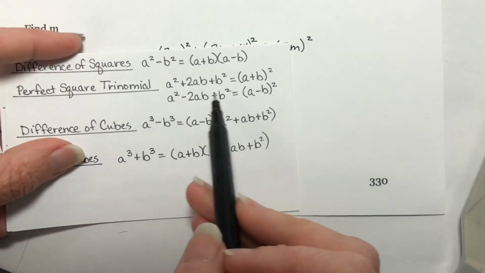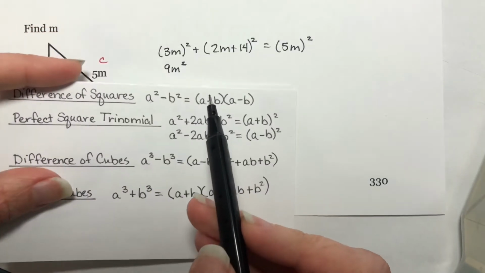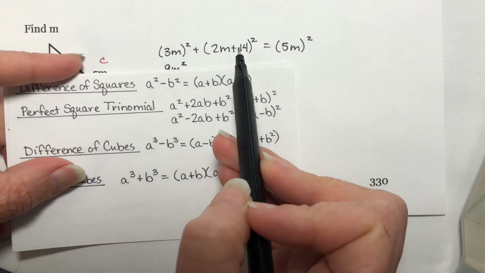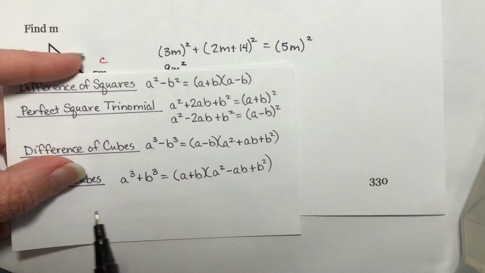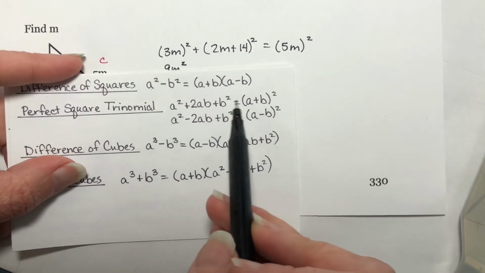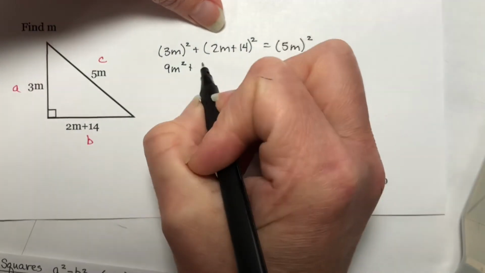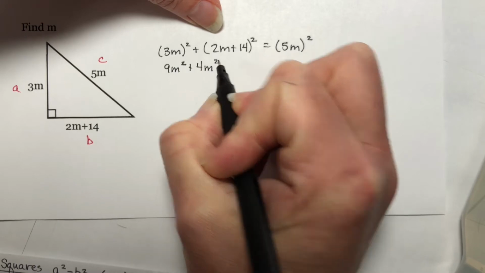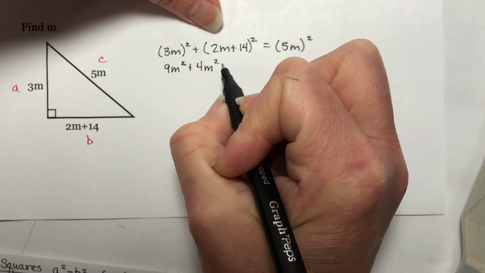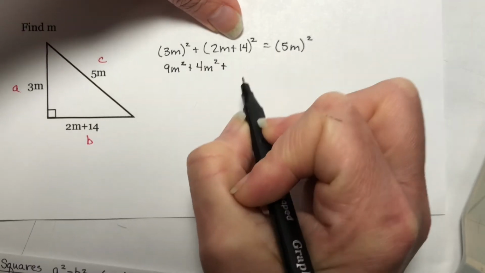We have a perfect square trinomial situation, and so we need to follow this formula for this one. That plus sign makes all the difference in the world. So if you're following this, you square your first term. So if I square all of this, it's going to be 4m squared. That's a plus, so I write a plus.